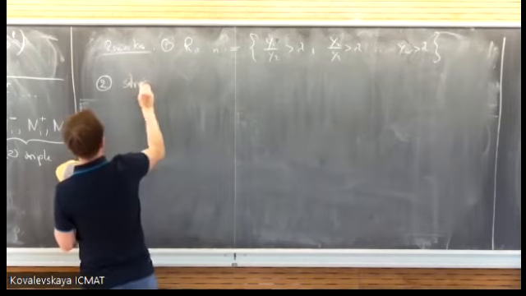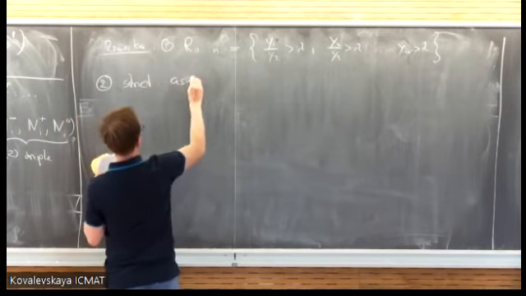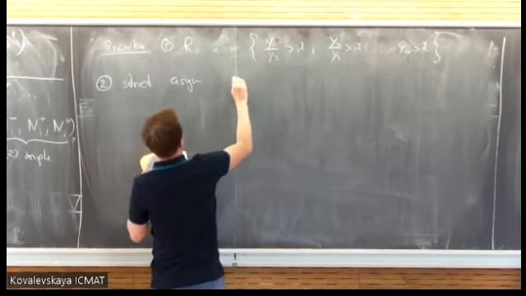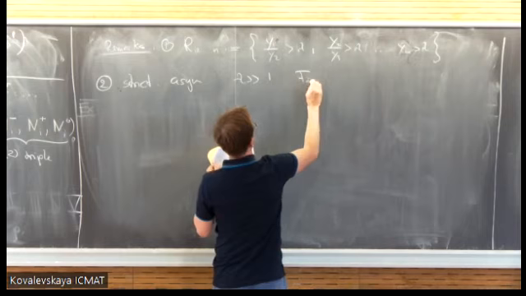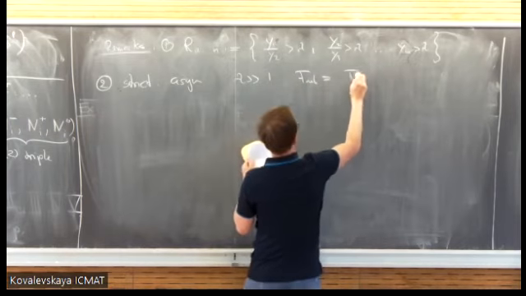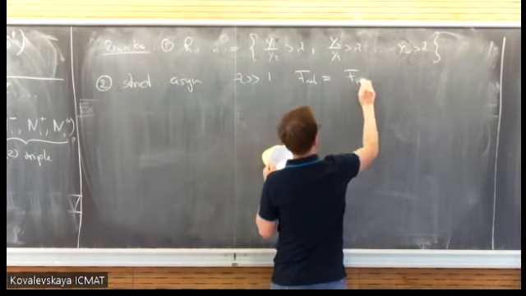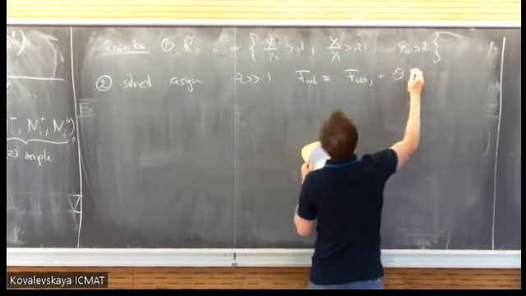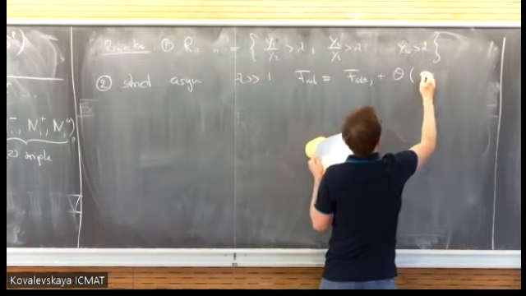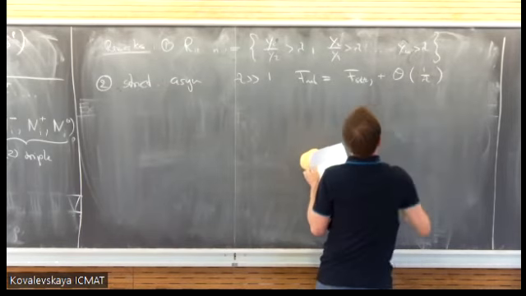in the strict asymptotic regime, lambda is much bigger than 1, and F nil is F SL2 with these order 1 over lambda corrections.